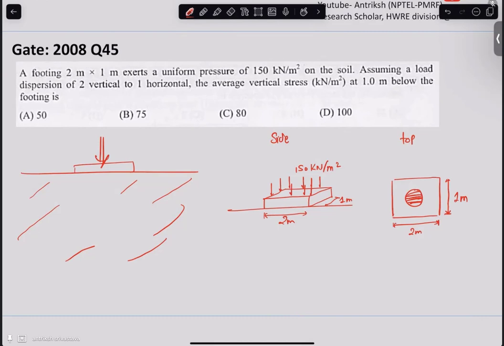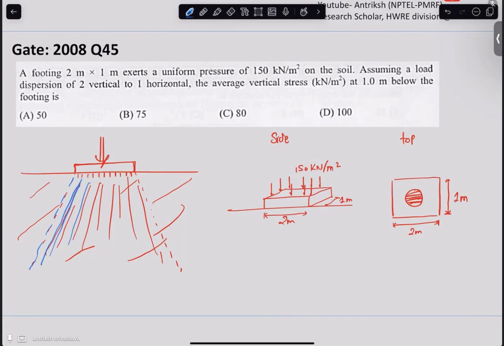What we are going to assume is that when the load is applied on the footing, it applies some pressure. Now that pressure is distributed in the soil by depth in this fashion. When you go down in the soil, the area which is experiencing the pressure generated by this footing expands, and that ratio of expansion, or how it moves horizontally with respect to vertical movement, is given to us as 2 vertical to 1 horizontal.